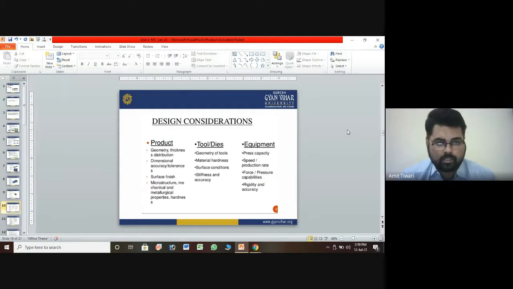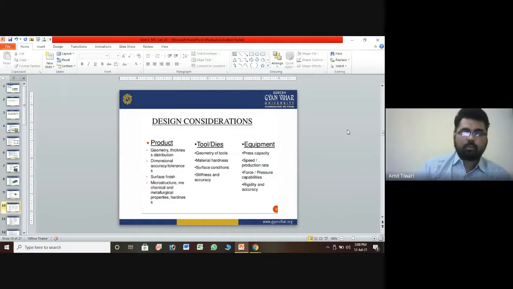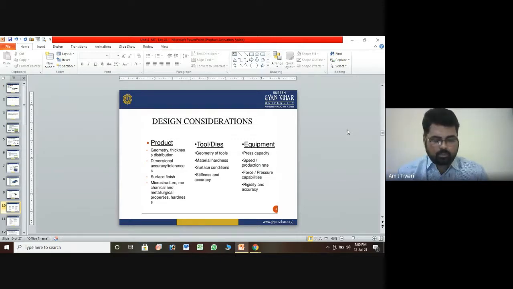Second is the thickness distribution, dimension accuracies, and tolerances required for that. Then the surface finishing, microstructure, mechanical and metallurgical properties, and hardness required for the product. So for design and manufacturing, you have to consider the product quality and the product specifications required.